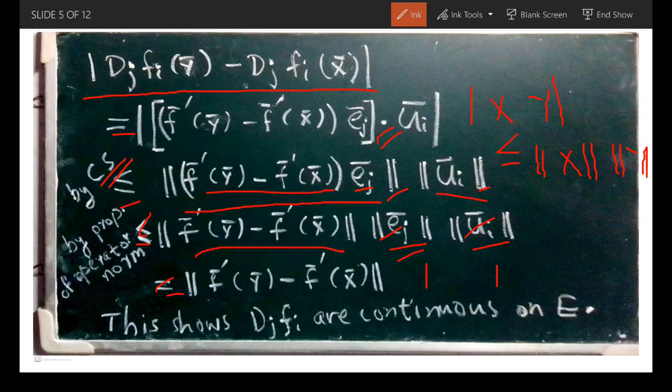Understand? Now, what was our assumption? F is continuously differentiable. That means f dash is continuous. That means this right side can be made as small as you want whenever y is close to x.